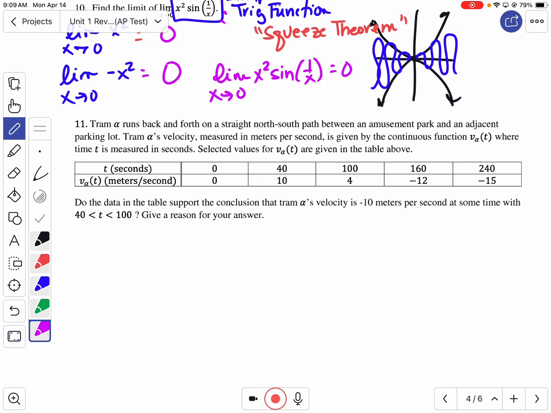Do the data in the table support the conclusion that tram A's velocity is negative 10 meters per second at some time between 40 and 100? Would we hit negative 10? Yes. No, I lied.